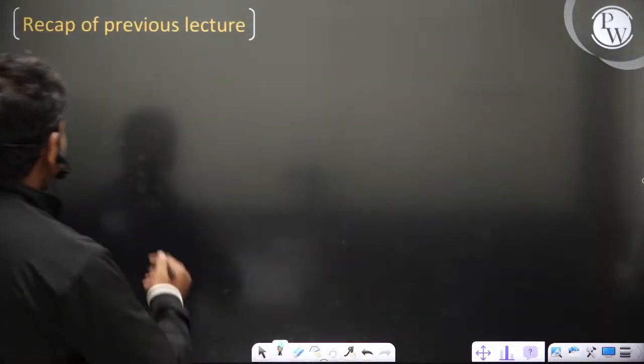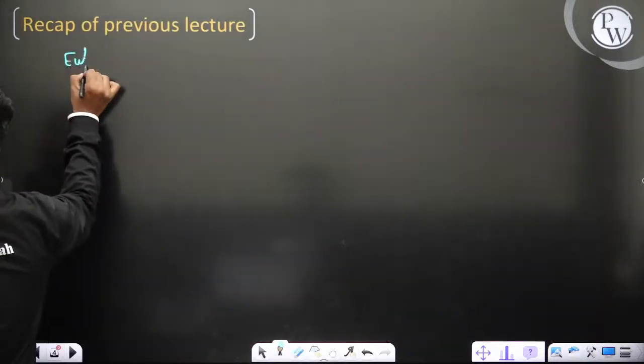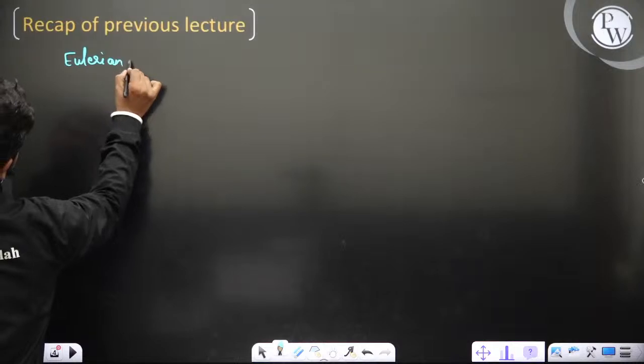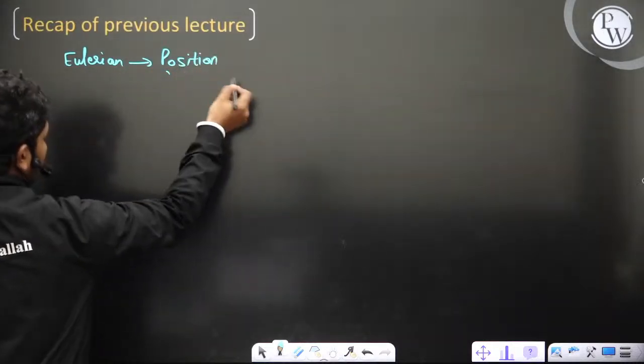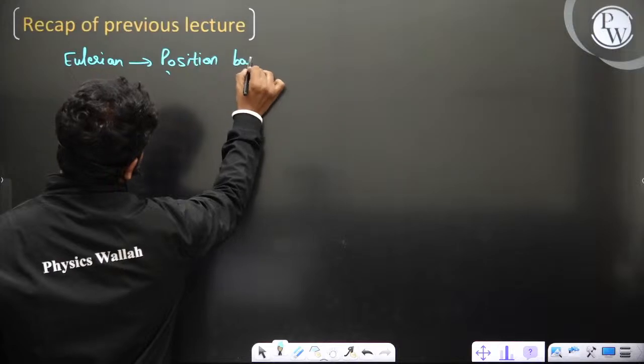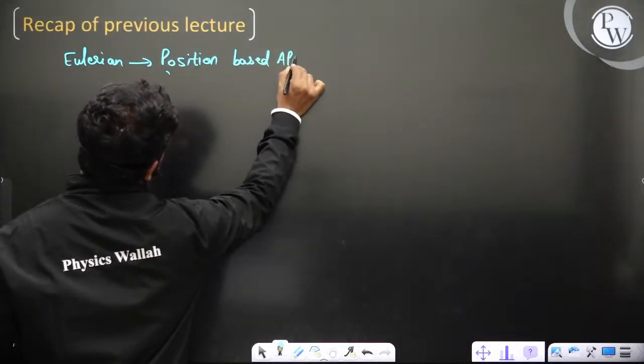So we decided the Eulerian approach, which is the position based approach, is actually the fittest for designing or analyzing these flows. Position based approach is what we are doing.